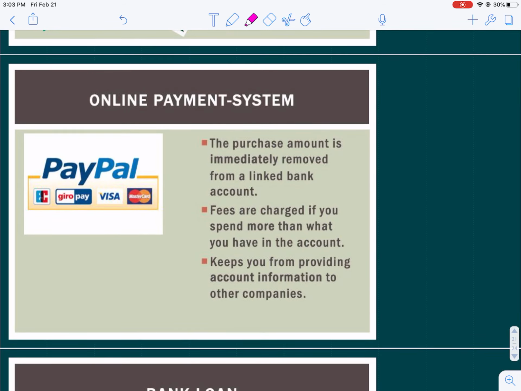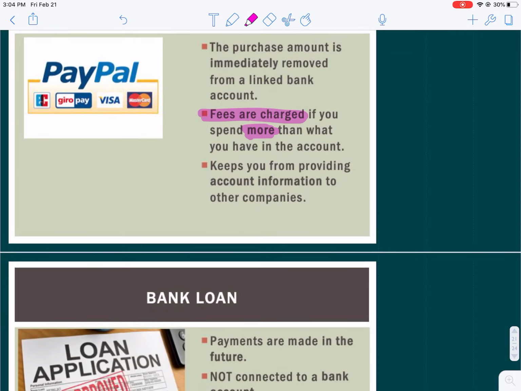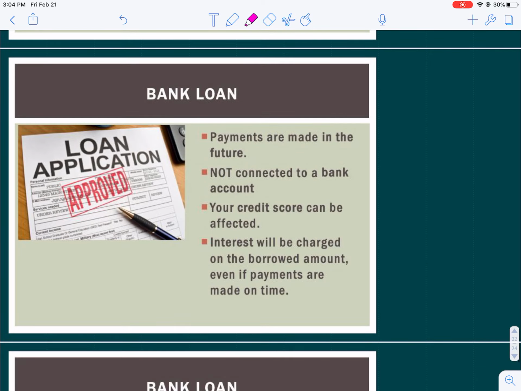Online payment system: the purchase amount is immediately removed from a linked bank account. Fees are charged if you spend more than what you have in your account. Keeps you from providing account information to other companies. Bank loan: payments are made in the future, not connected to your bank account. Your credit score can be affected.